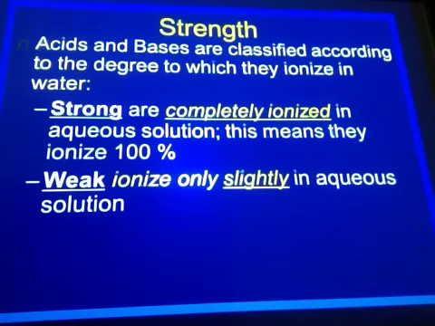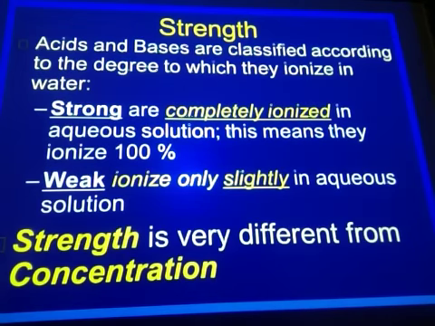Okay, in terms of a weak acid or a weak base, weak acids and bases only ionize a little bit or slightly when they're in water or in an aqueous solution. So strong is where they're completely ionizing, and weak is where I only have a few ions that are created, and I'm still going to have some of that original reactant left.